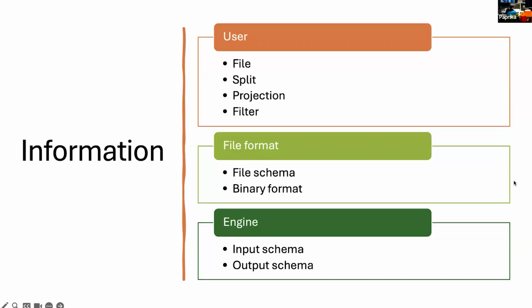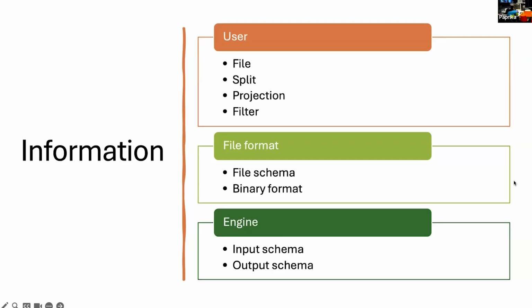But there is other information which is needed for the reading and writing, coming from the file format. This is the file schema. This is the binary format inside the file. This is only known to the file format. And the third source of information is the engine: the input schema, which we are getting for the writers, and an output schema, which we are providing for the readers.